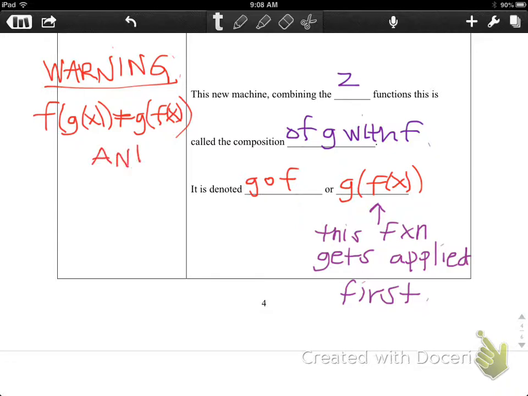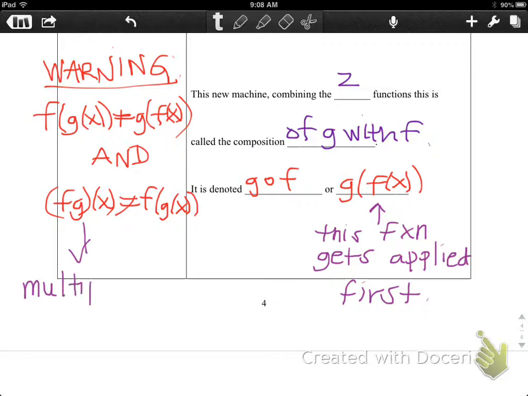Another warning is that f times g of x is not the same as f of g of x. You want to be careful because this is a common mistake students make. This first one, if you remember, is multiplication.